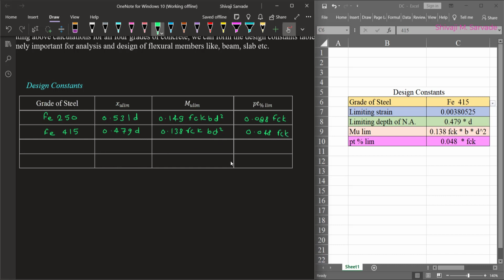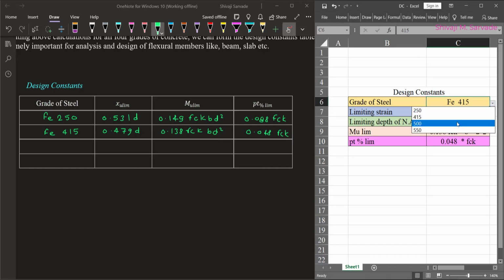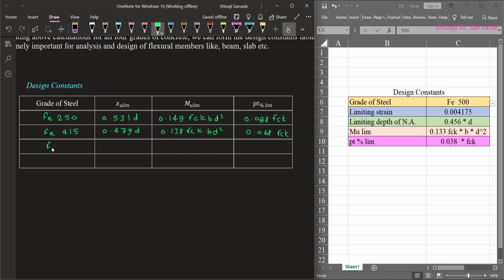Now if I go to 500 grade of steel, for Fe500, the XU limiting value is 0.456 times D. Then we have 0.133 FCK BD square as our MU limiting, and the PT limiting comes out to be 0.038 FCK.